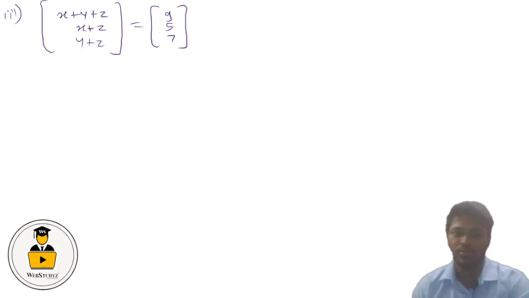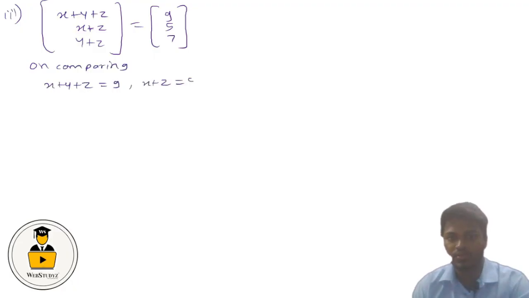Again, same concept can be used here. Since the matrices are equal, the corresponding elements will be equal. So on comparing, we will get three equations. First equation will be x plus y plus z equals 9. Then next will be x plus z equals 5. And next will be y plus z equals 7.